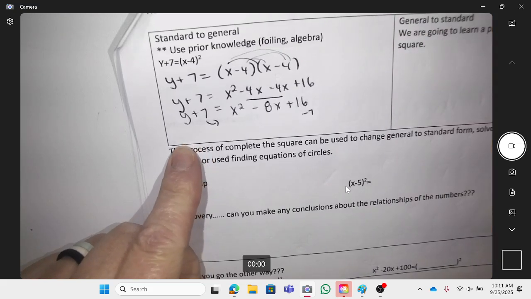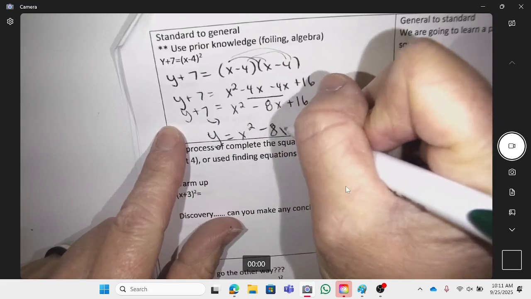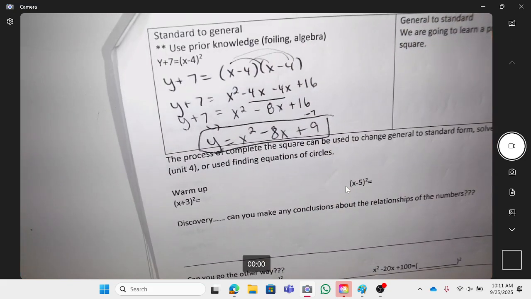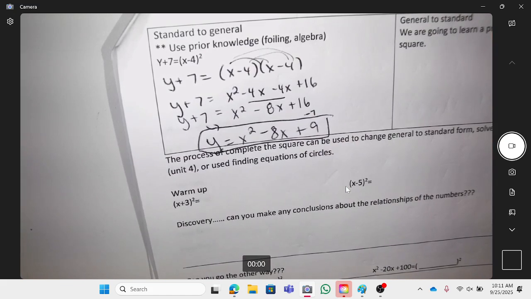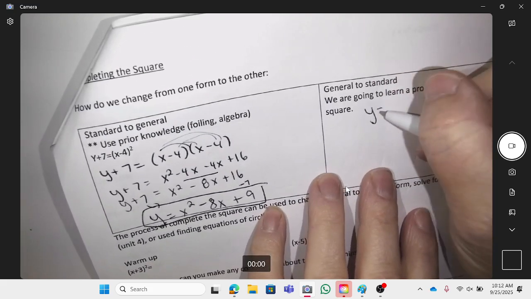Subtract 7. Move that over. And it looks like that. So that's general form, ax squared plus bx plus c, right? Look at that. We did it. So that way is quite simple. It's just algebra.